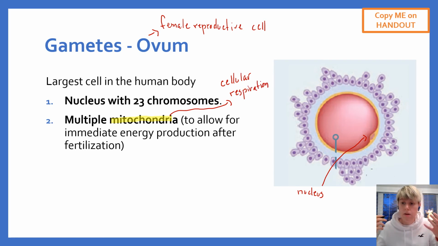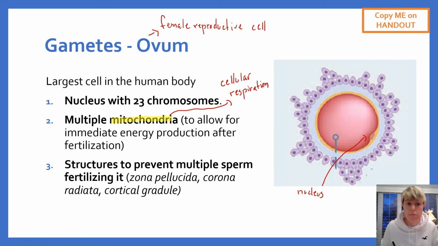And remember, dividing cells require a lot of energy. So it makes sense that the ovum is going to have multiple mitochondria so that in the initial cell division phases, it basically has enough of those organelles to be able to burn glucose, to be able to have energy necessary for this cell division to take place.